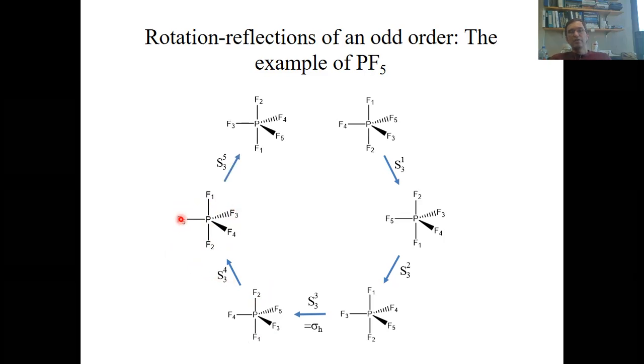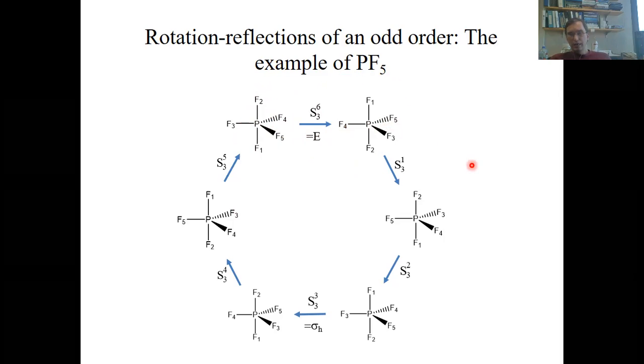Now if we do it another time, then we again swap F1 and F2, so F1 is over here and F2 is over there. Now we have F3 in this position, F5 in this position, and F4 in this position. If we do it another time, then again F1 and F2 swap, and these 3 rotate again, and then we have actually produced our original molecule.